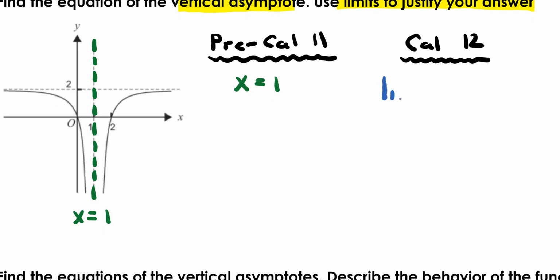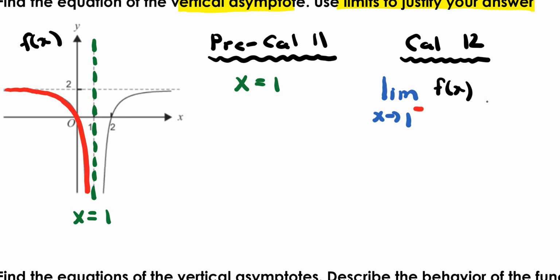Let's write a limit notation here as we're approaching 1. Now let's say we're approaching 1 from the left-hand side, so I'll put a minus sign there. And let's say this graph is f of x. It turns out that this graph is going to negative infinity. So there you go.